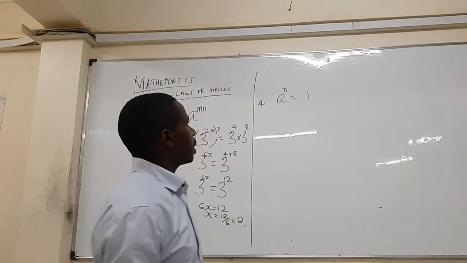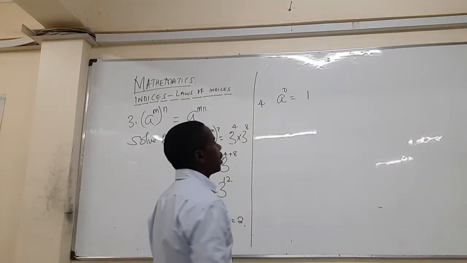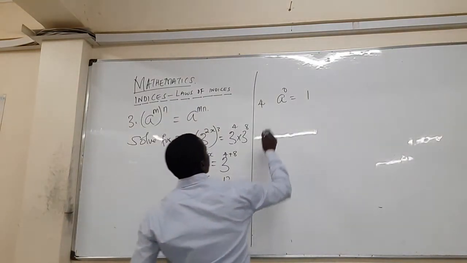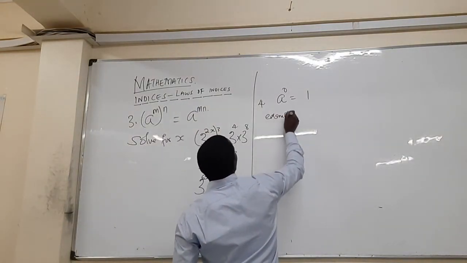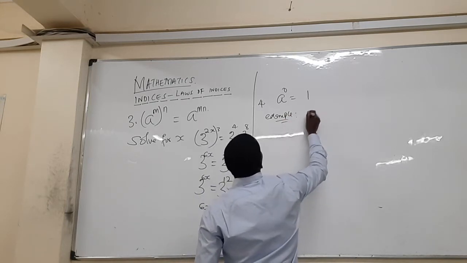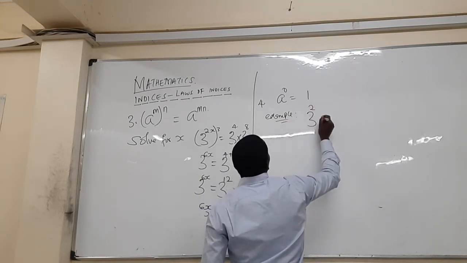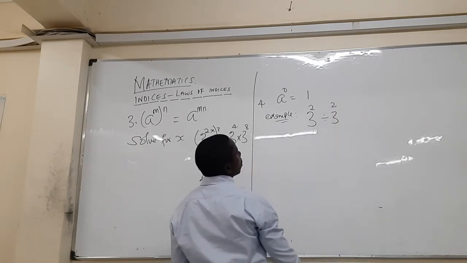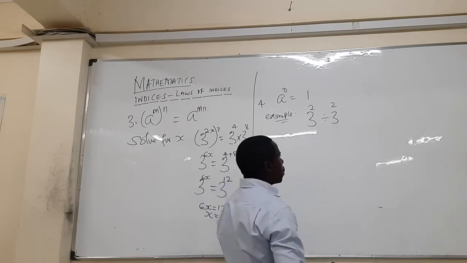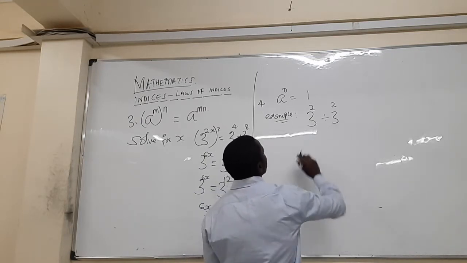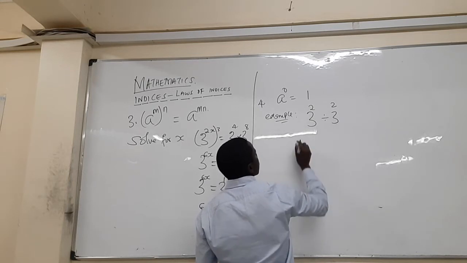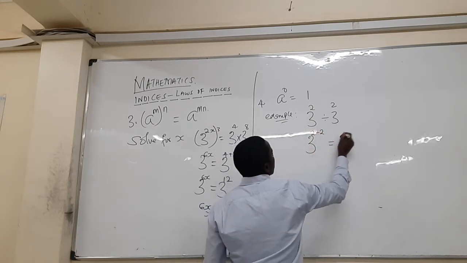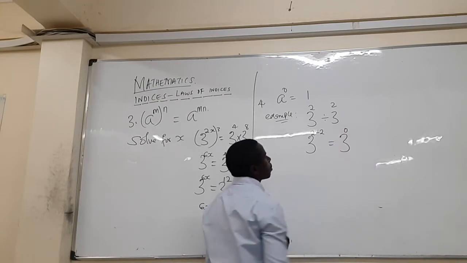So let's demonstrate this. You have a scenario where you have a number like this, for example, 3 squared divided by 3 squared. Using the second rule of indices, for the division, we subtract the powers. So this is the same as 3 power 2 minus 2, and you get 3 power 0.